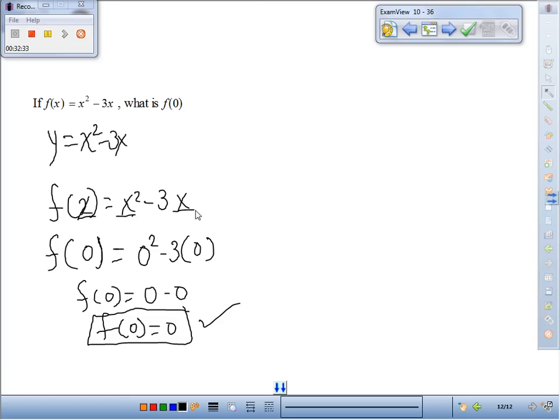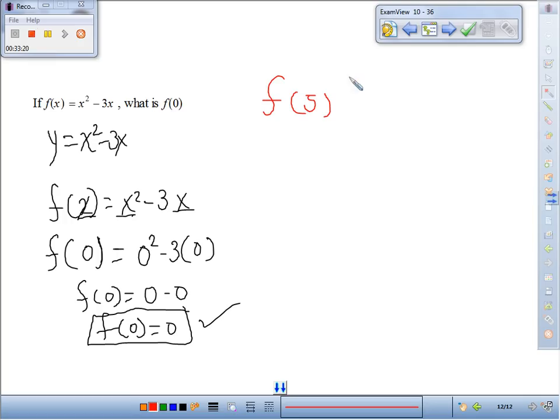We're going to go over it again. For those of you that are already done, let's use the same function, and I want you to find me f of, give me a number, okay, 5, f of 5.